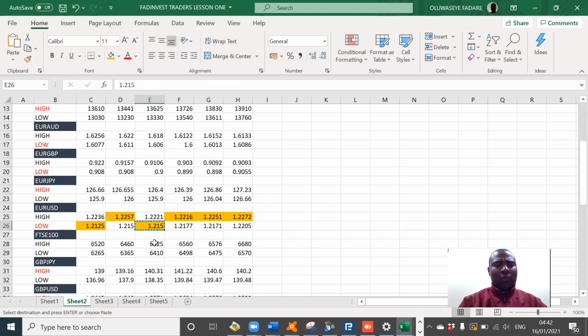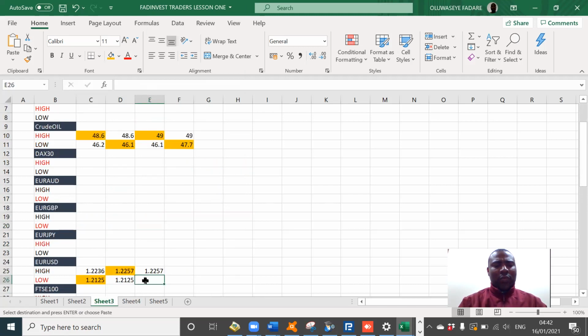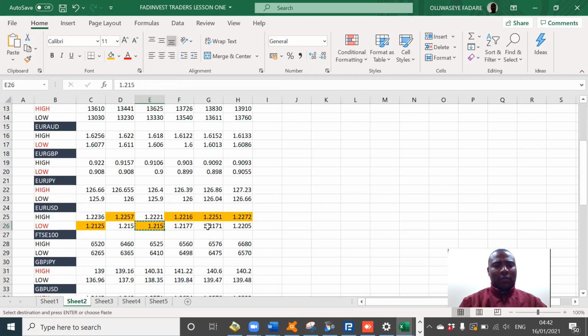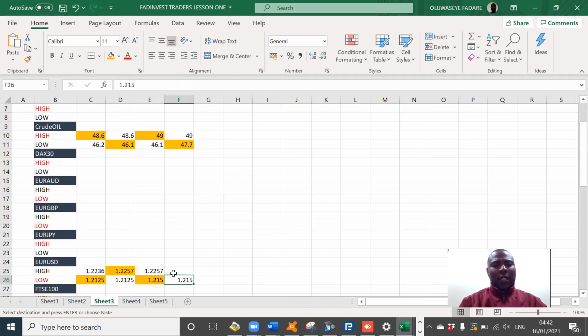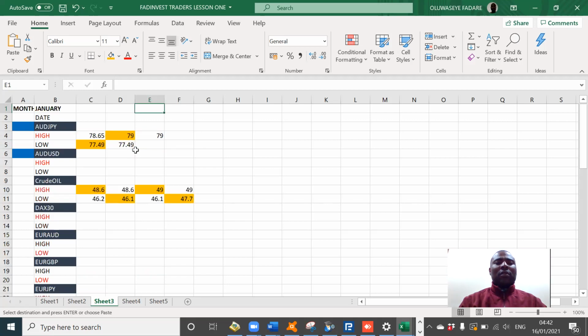We copy, we paste. Next one, we expect a high, which is this. We copy and we paste. So you can see low, high, low, high, high, low, except these that only have one move, which is low and high. So that is this next phase.